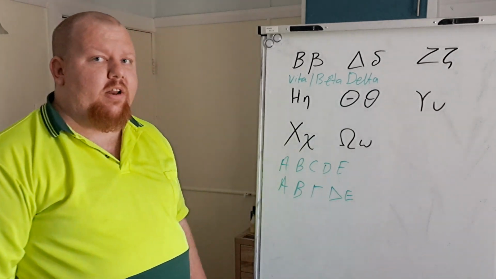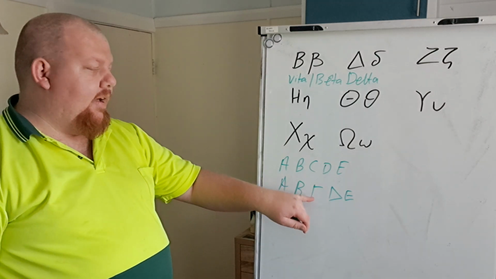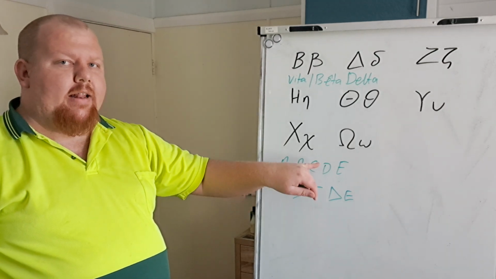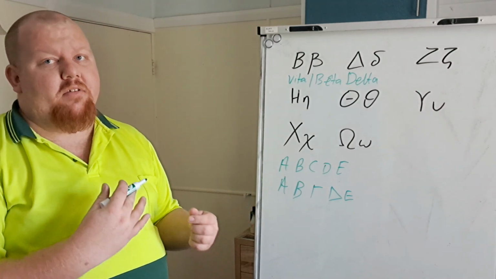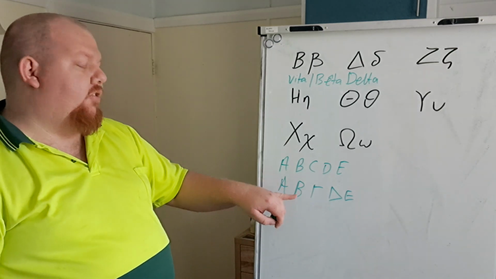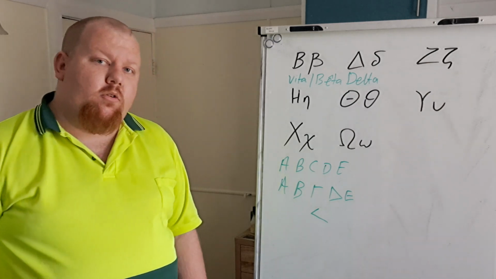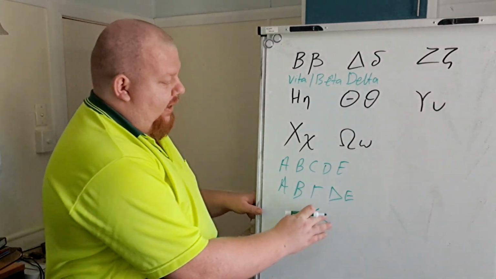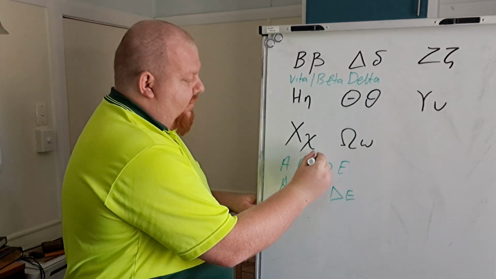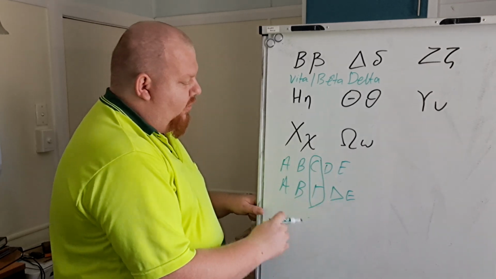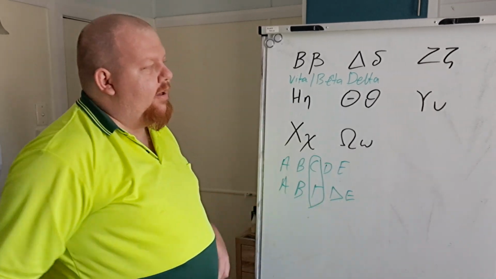So gamma is a bit of an exception, but the letter gamma and the letter C have the same origin from the same Phoenician letter, and you can sort of see if you distort the gamma a little bit, it sort of looks like the letter C. Okay, so apart from C and gamma, you have A, B, D, E, which is the same with Erasmian Greek.